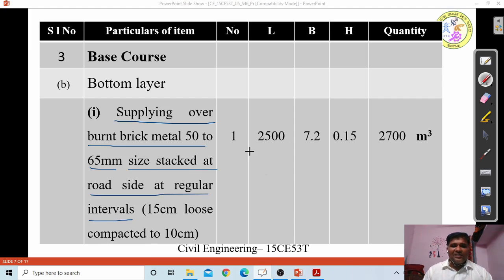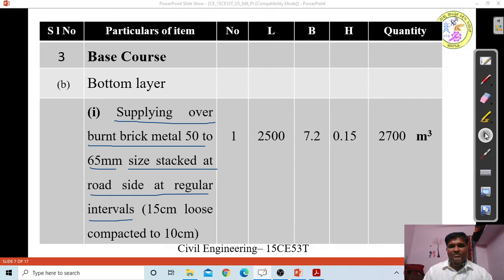This item consists of 2 items: one is supply, then it will be laid. Supply is the supply portion, which will be separate, and the laying will be done by the laborers. So the labor part will be a different item and the supply part will be a different item.